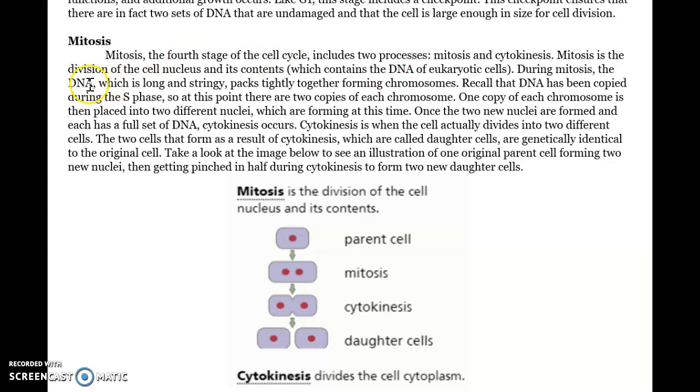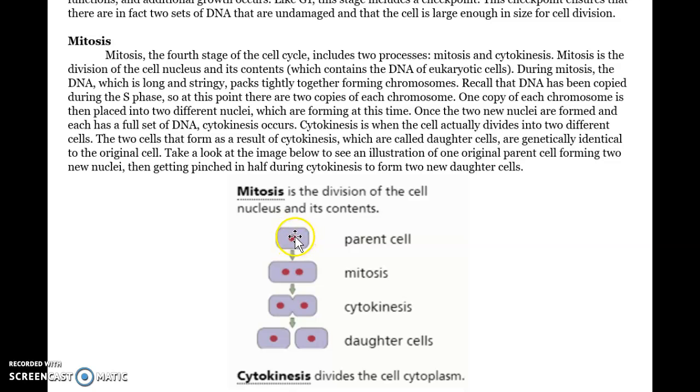We can think of DNA as yarn, and we can think of chromosomes as a ball of yarn that's been wound up tightly together. Recall that DNA has been copied during the S phase. So at this point, there are already 2 copies of each chromosome. 1 copy of each chromosome is then placed into the 2 different nuclei which are forming at this time.